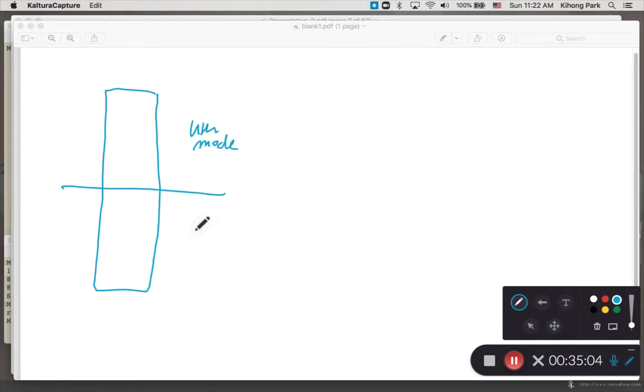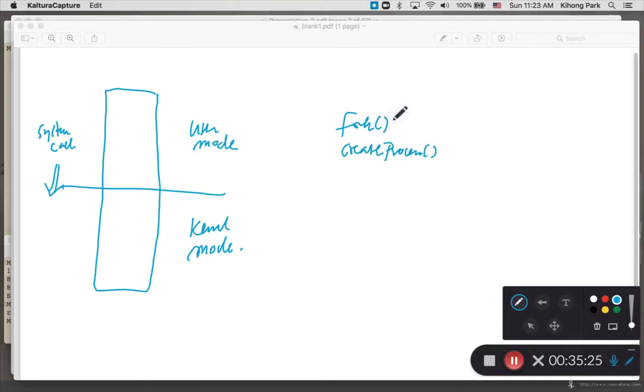User mode, kernel mode, and you have a bunch of processes. And to create a process, we have to make a system call like fork in Linux and Unix, create process in Windows, and of course create in Xeno.